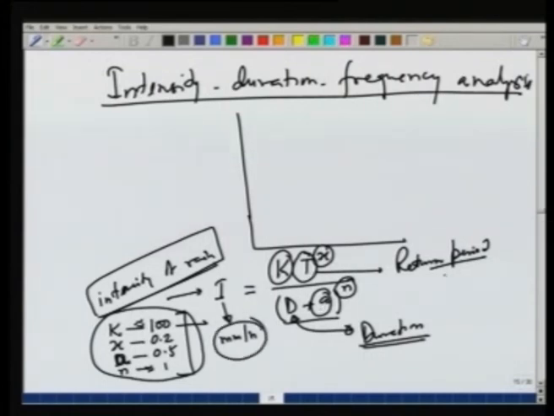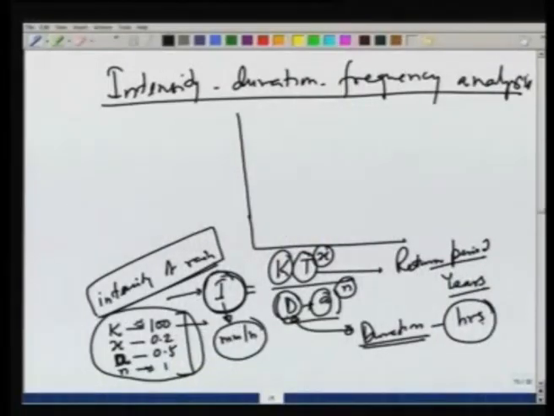Time return period typically is in years and duration is generally in hours. So, these values will enable us to compute the intensity of rainfall for any return period and for a given duration of rainfall. Later on we will see that this duration will depend on the catchment area.